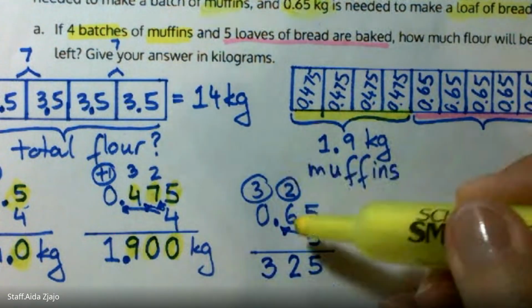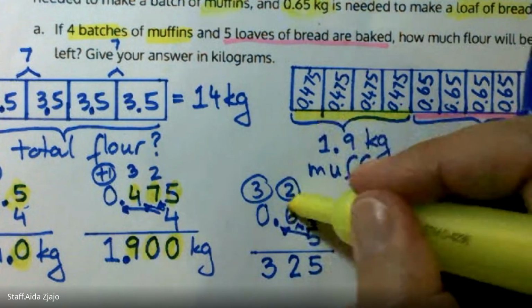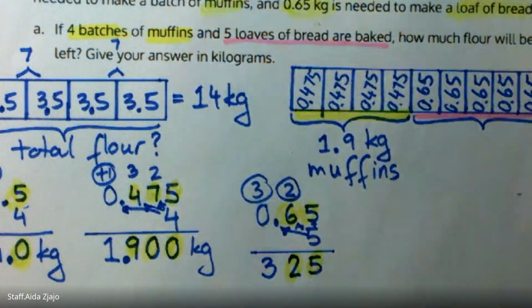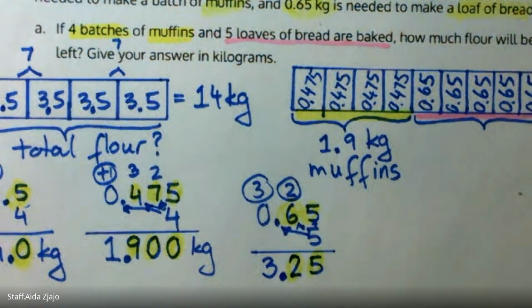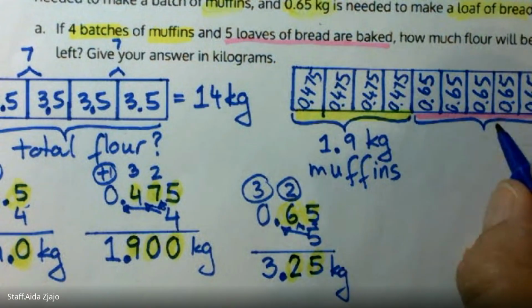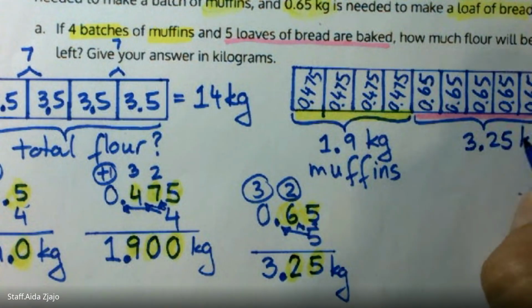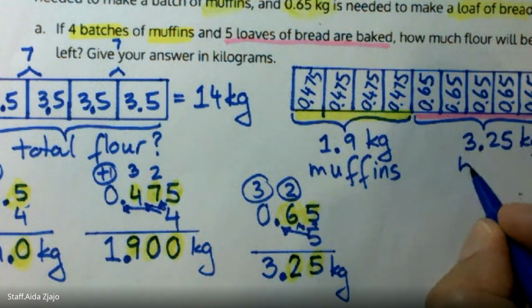My decimal point goes here, so that is 3.25 kilograms for bread.